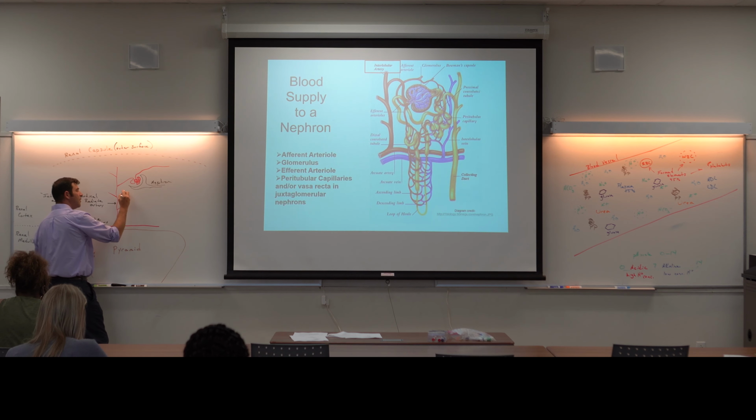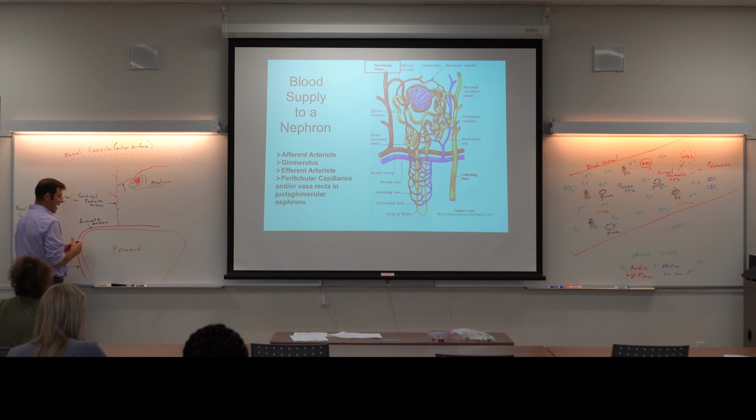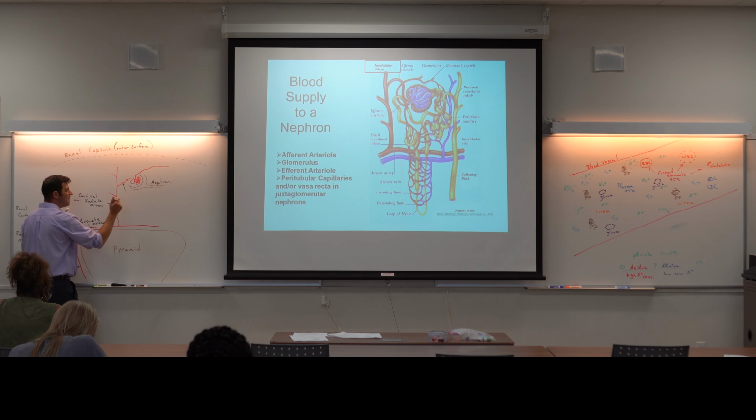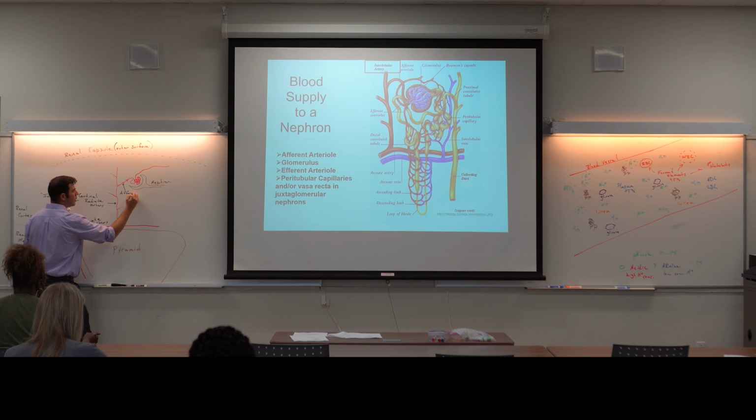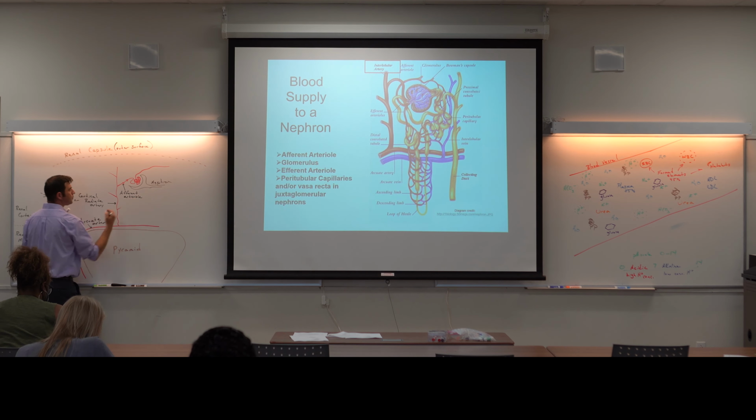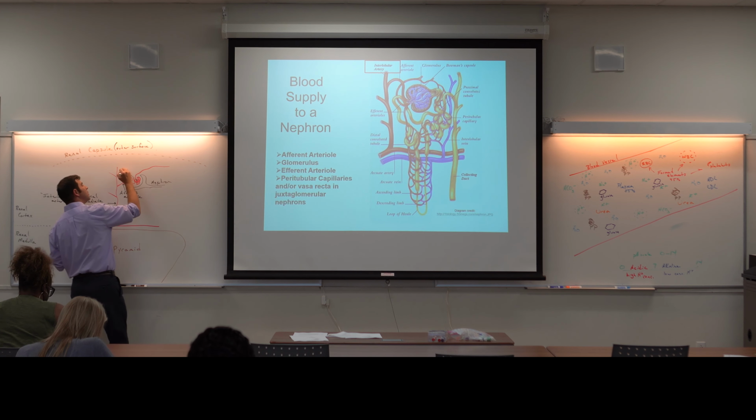We know that this one, and maybe another thing that I could add to this that might be helpful is blood is going to be going towards this tangled bed of capillaries through what we're calling the afferent arteriole. Afferent arteriole leads to this tangled capillary bed that we're going to call the glomerulus.